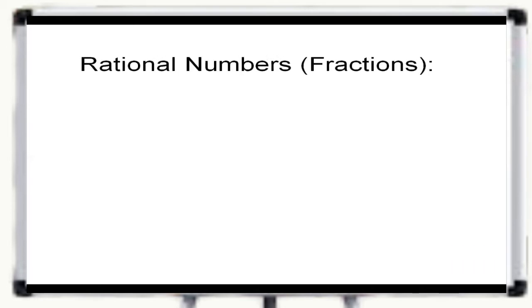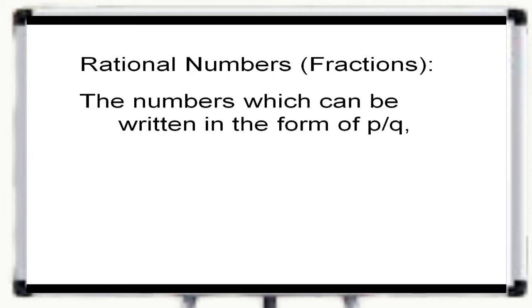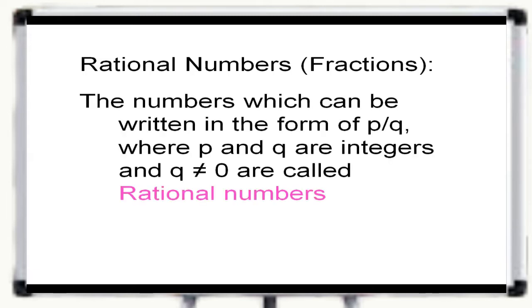Now about rational numbers. Rational numbers are often called fractions. The numbers which can be written in the form of p by q, where p and q are integers and q is not equal to 0, are called rational numbers.